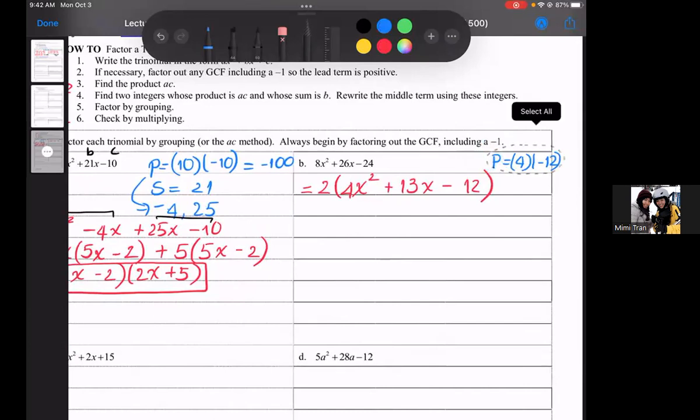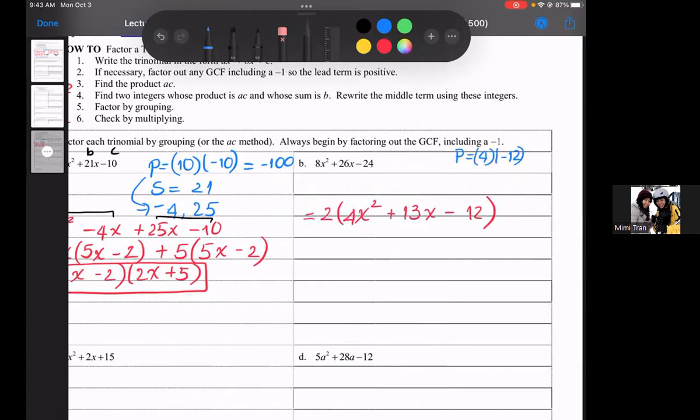Run out of space here. Put it down here. There you go. Negative 48. And then the sum is all with the middle one, which is B, 26.